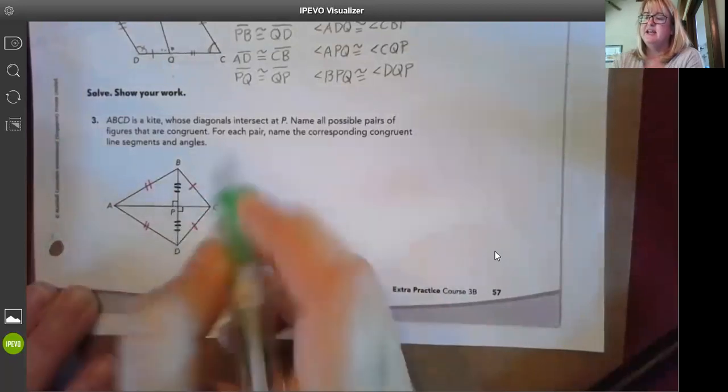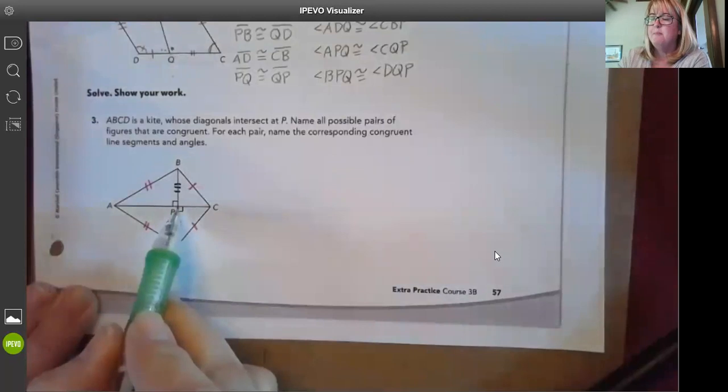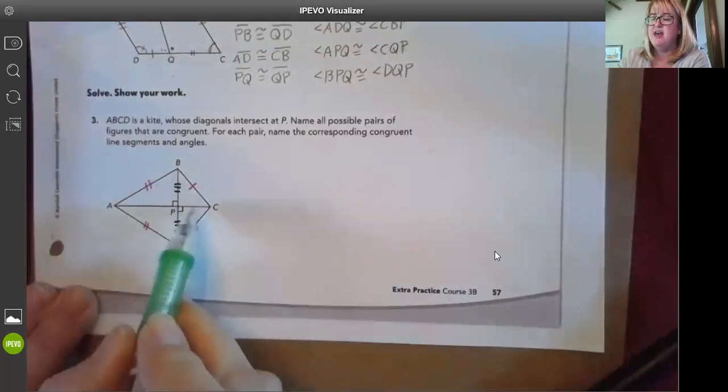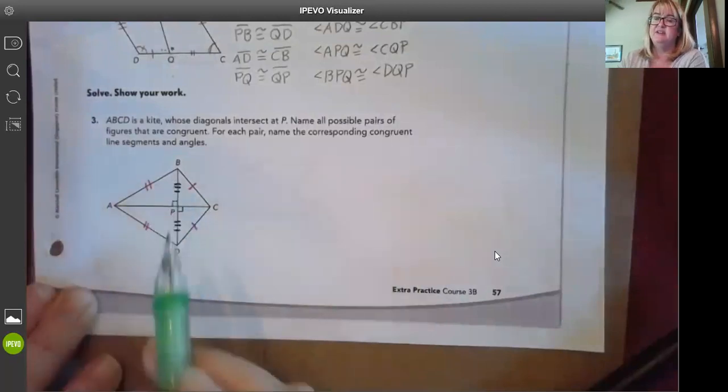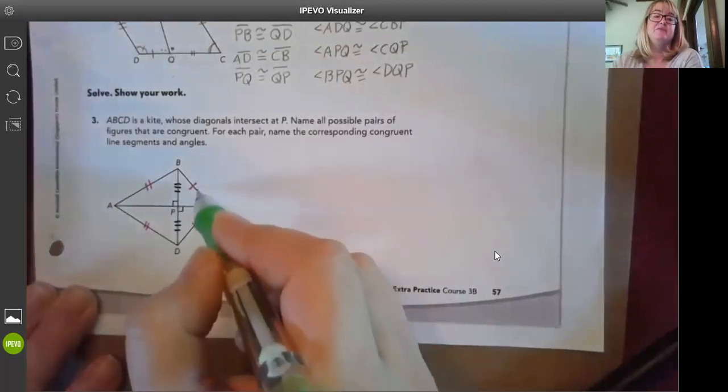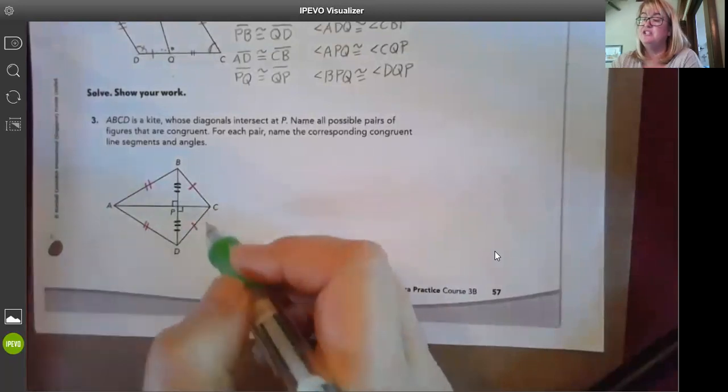This side length is the same. Well, they share PC, and since they share that side, that is the same length. So we have 3 side lengths that are congruent for each of them.